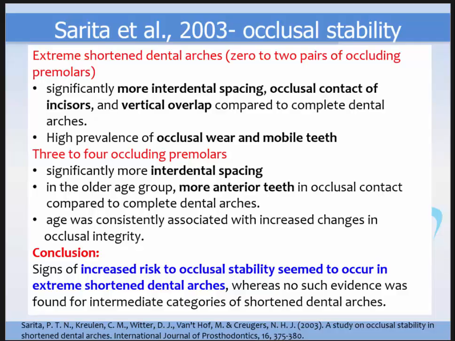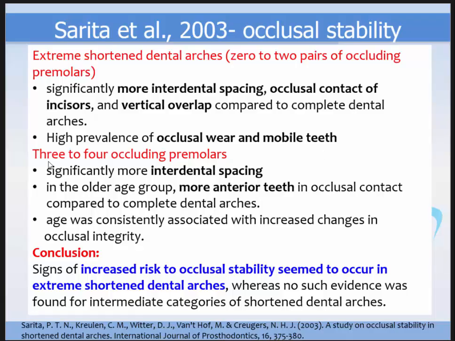In her research, you can see that in patients with extreme SDA, with 0 to 2 pairs of premolars, there was more interdental spacing, more occlusal contact on the incisors, and more vertical overlap compared to fully dentate arches. Because of this more occlusal contact and overlapping, there is a high prevalence of occlusal wear and mobile teeth.